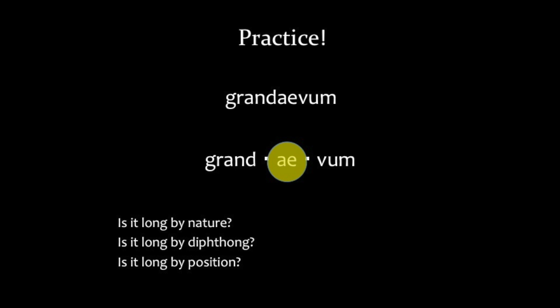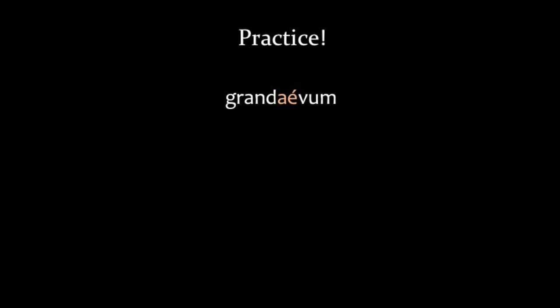No, there's no macron or long mark over it. Is it long by diphthong? Aha, yes, it is. AE is a diphthong. Therefore, this is long by diphthong, and therefore you accent the penultima. So you pronounce it grandaeum. The accent, therefore, stays on the penultima.